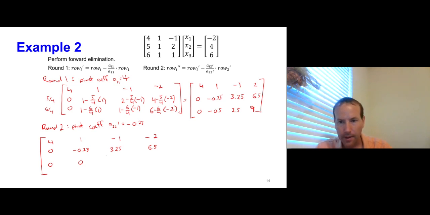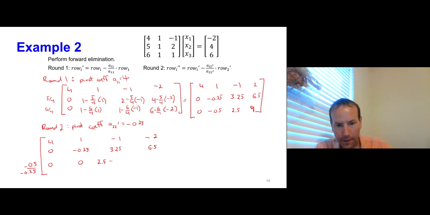So we're going to start with its previous value, which is 2.5, as we see up here. I find it helpful to use this notation where we put the leading value, which was negative 0.5, divided by the pivot coefficient, which is negative 0.25. And that's just a little notation because we're going to be applying that across the whole row.